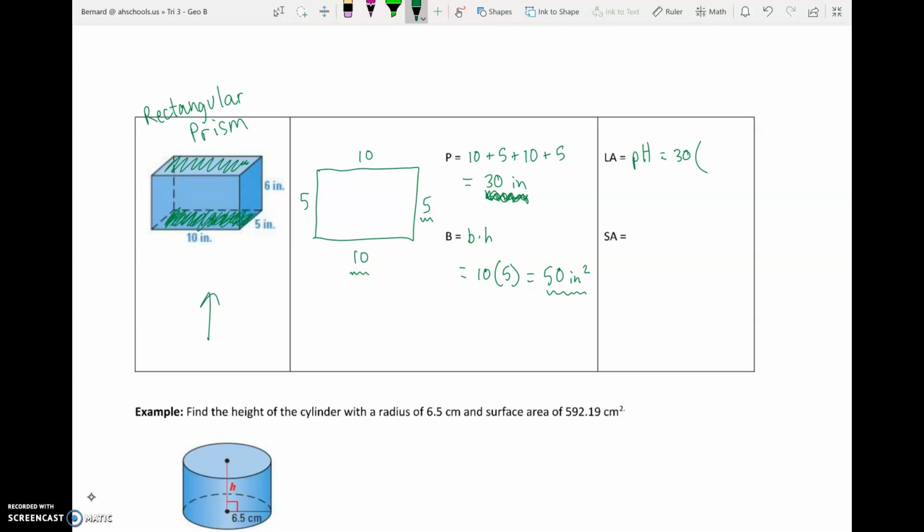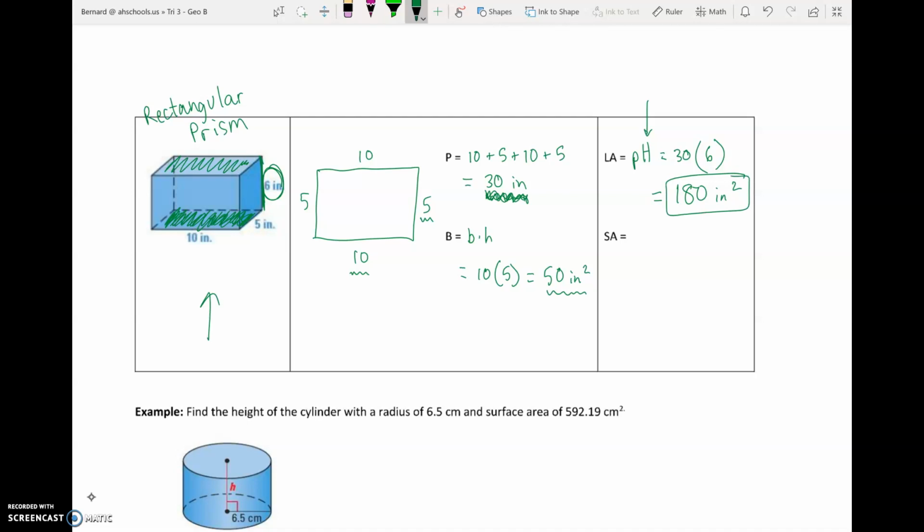And this height over here is the distance of the walls that connect our bases. So our 6 going up and down here is the distance that's connecting our bottom base to our top base. So that's the height we're going to use. We're going to do 30 times 6, and that is going to give us 180 inches squared. And that's our lateral area.